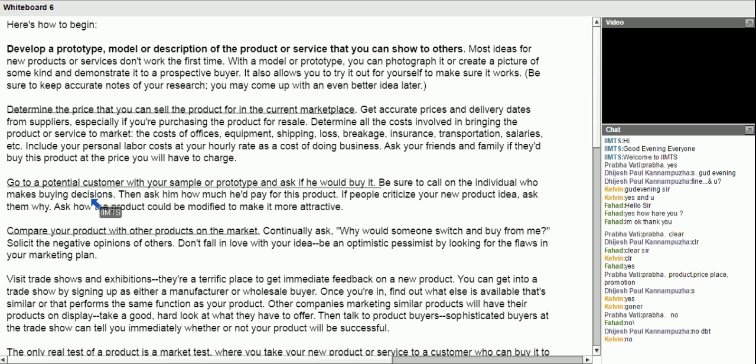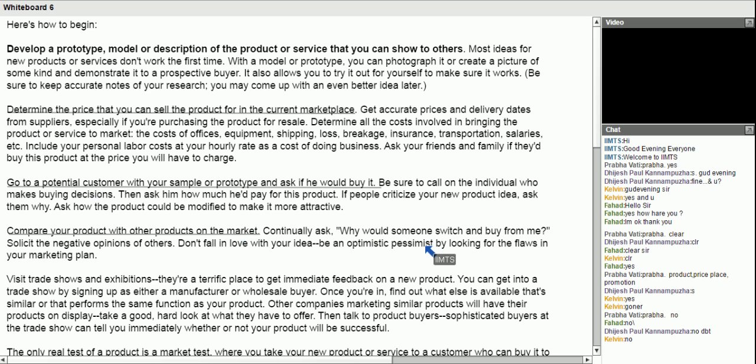It is your responsibility to get to know about their product as well, because they are your competitors. So you have to have the knowledge of the pricing at which they are selling their products, so that you can set your price accordingly.